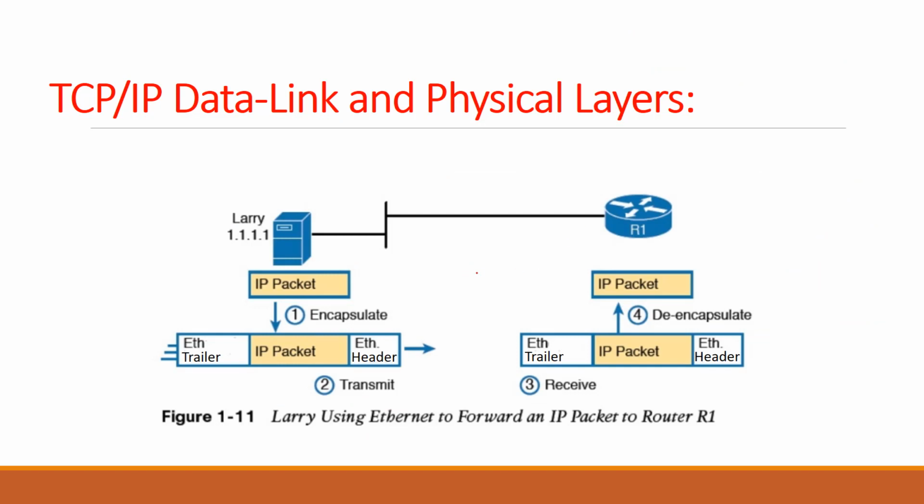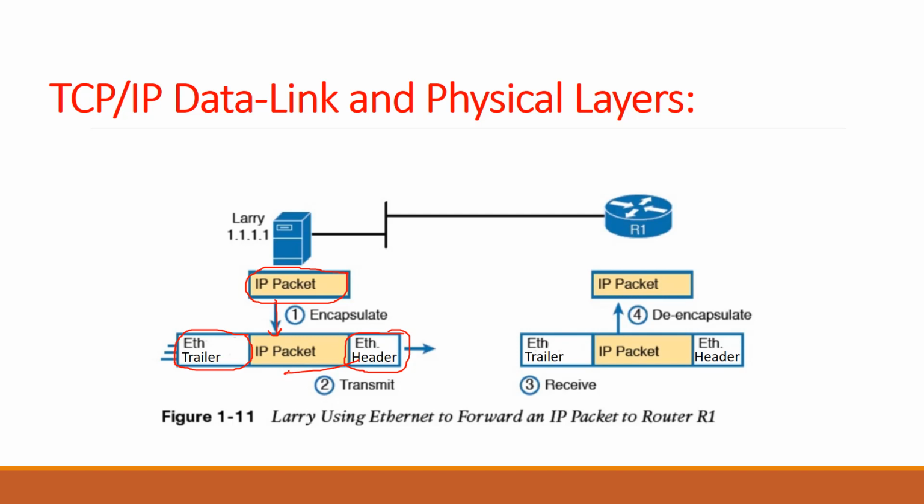For more details about this, as you can see here, the IP packet comes from the network layer, goes to the lower layer, and the data link layer adds something called an Ethernet header and Ethernet trailer.